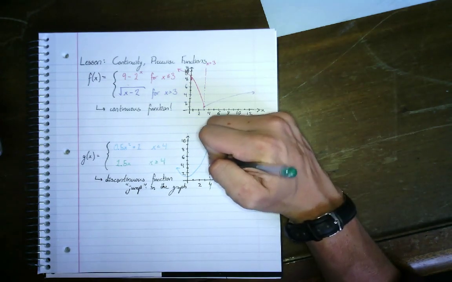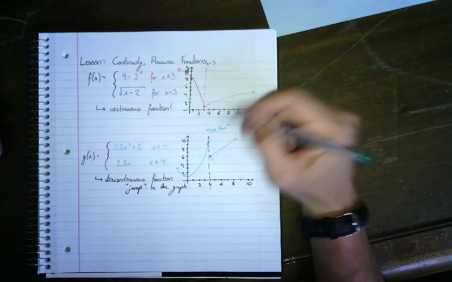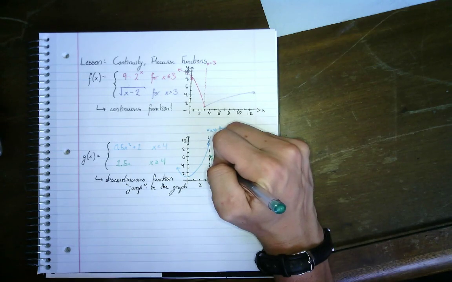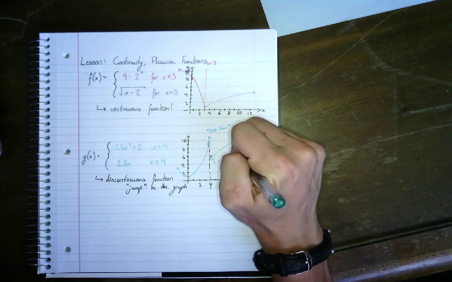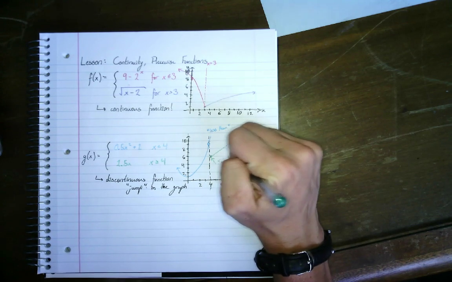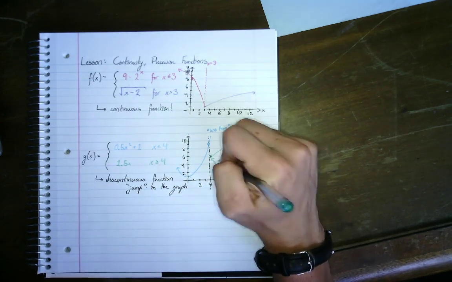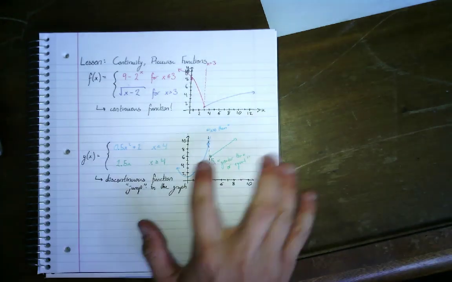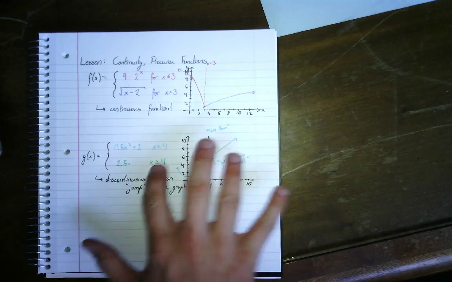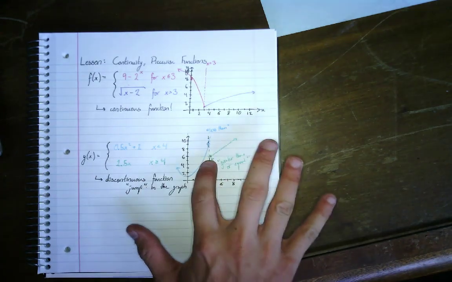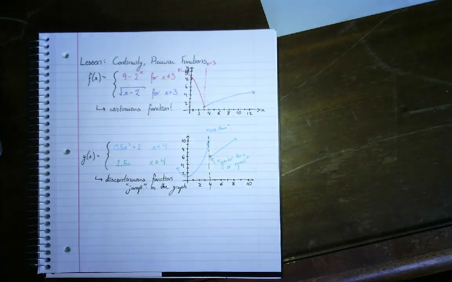One other thing I'd like you to notice is that when it's greater than or equal to, that's when we fill it in. Same with less than or equal to. So open circle for strictly less or greater, filled in for less than or equal to or greater than or equal to.